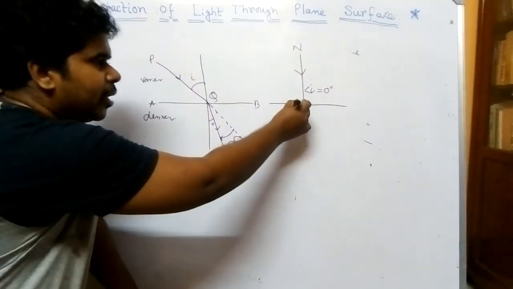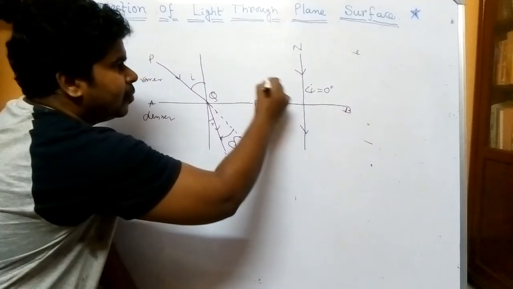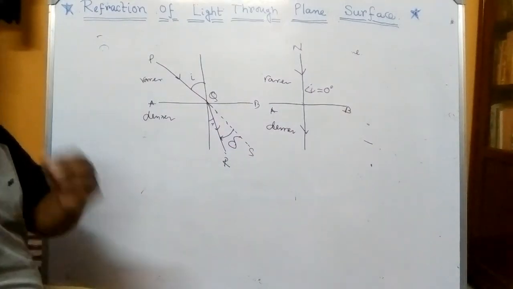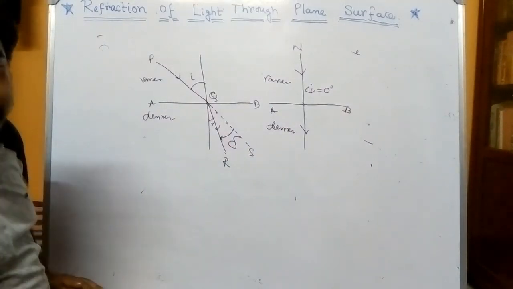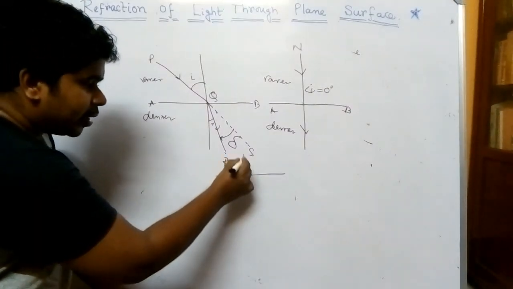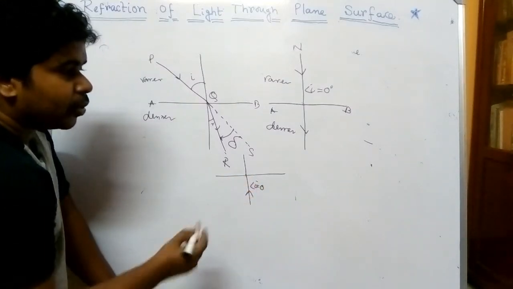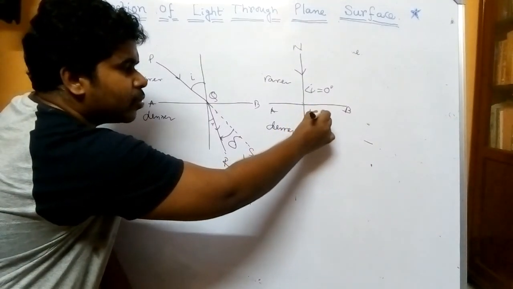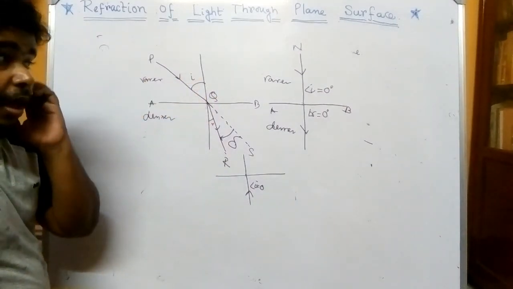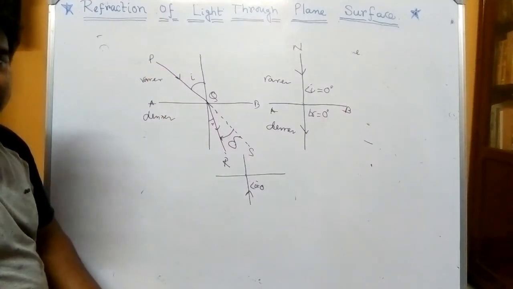In this case we will see a very interesting thing: the light ray will pass into the other medium, from rarer to denser, without being deviated in any direction. The same thing happens if the light is incident from the denser medium with an angle of incidence of 0 degrees. So it is clear that if the angle of incidence is 0 degrees, the angle of refraction is also 0 degrees. It is the only case when the light ray travels from one medium to another without being deviated.